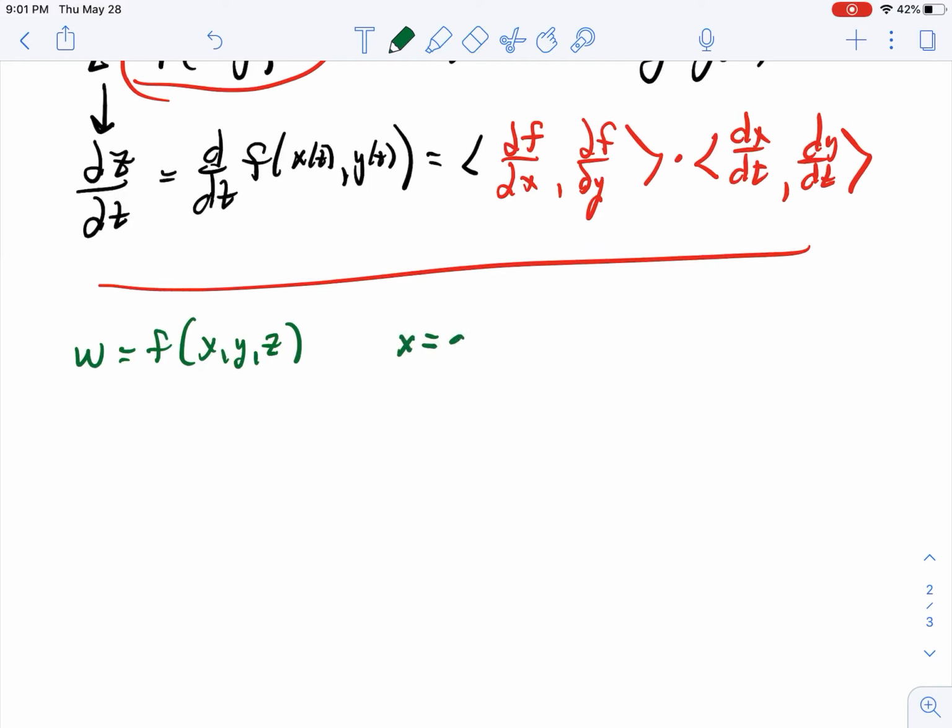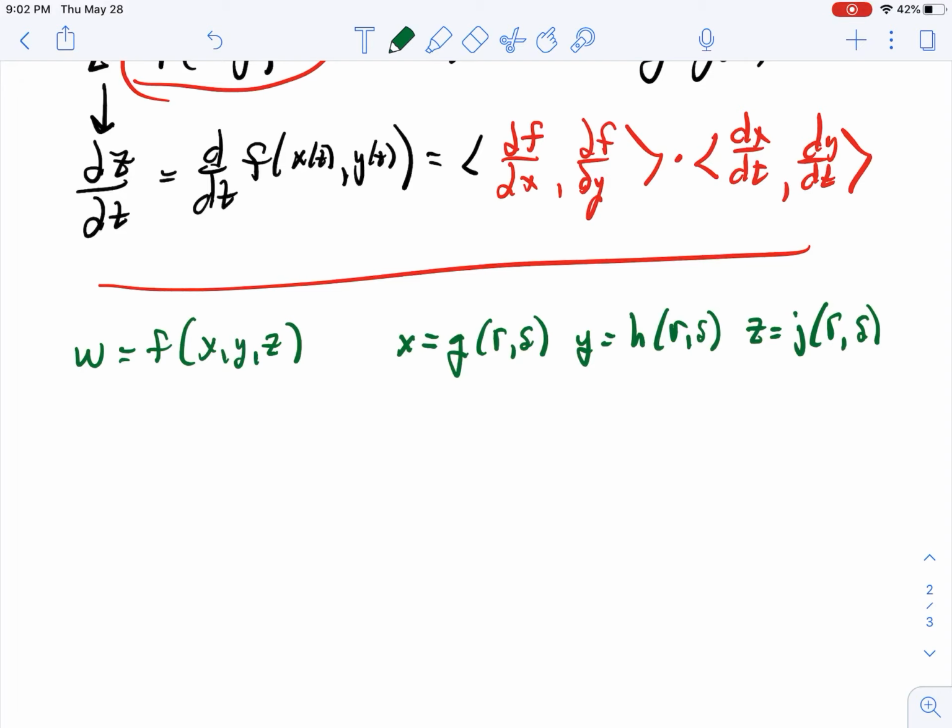And then if my c of t, let's say if I do something like this, say x equals g of r comma s, y equals h of r comma s, and then say z equals j of r comma s.